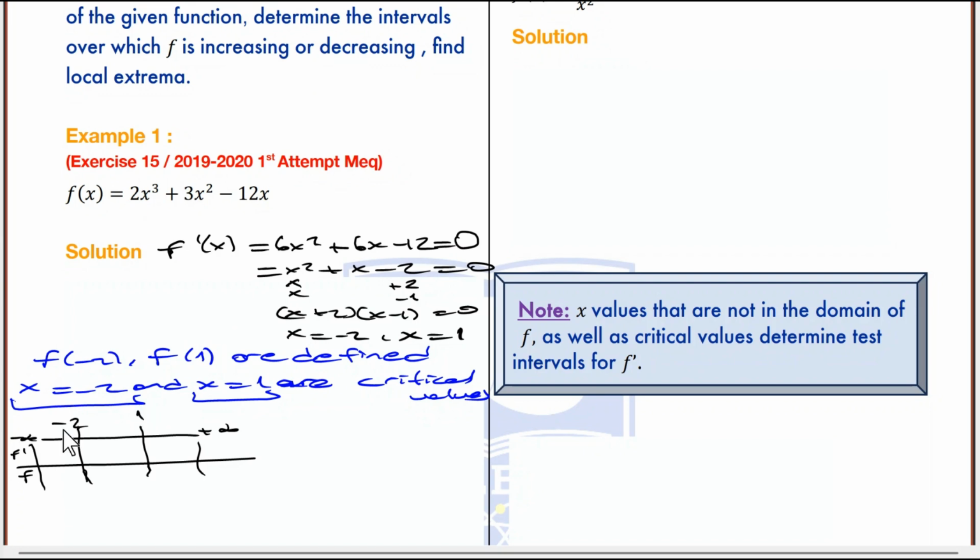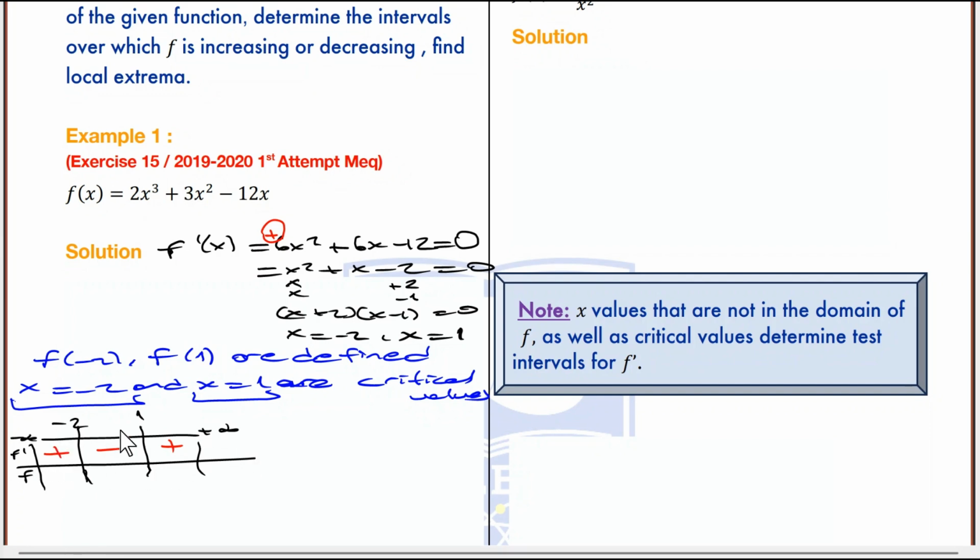To determine the sign of each interval, we have to pick a number from each region. Or there's a simpler way. We can check the sign of the leading coefficient here, which is positive. So on the right, start with positive, change the sign at each number: negative, change again, positive.